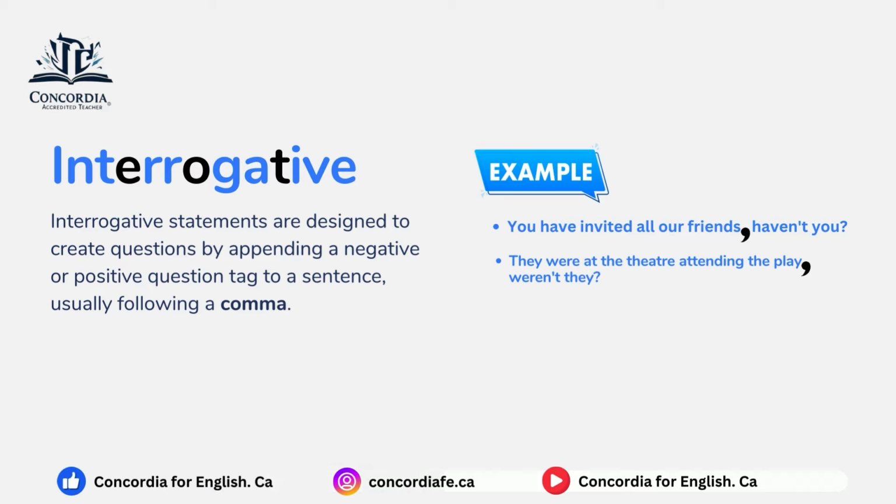Well, as you see, at the end of the statement, there is a question tag and a comma separating the question tag from the rest of the statement. This is how interrogative statements look. Whenever you see such a form, that means you have an interrogative statement.